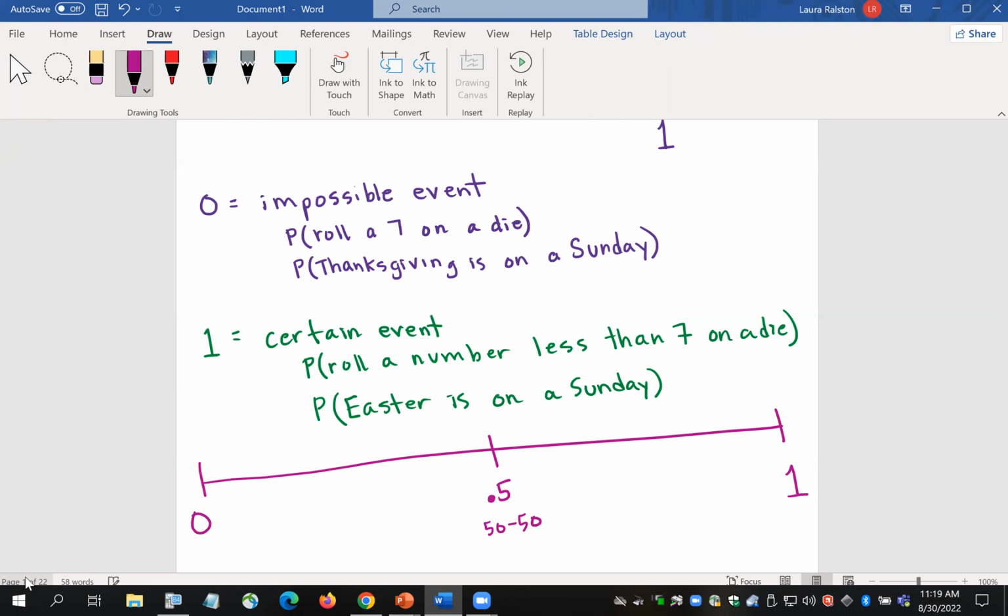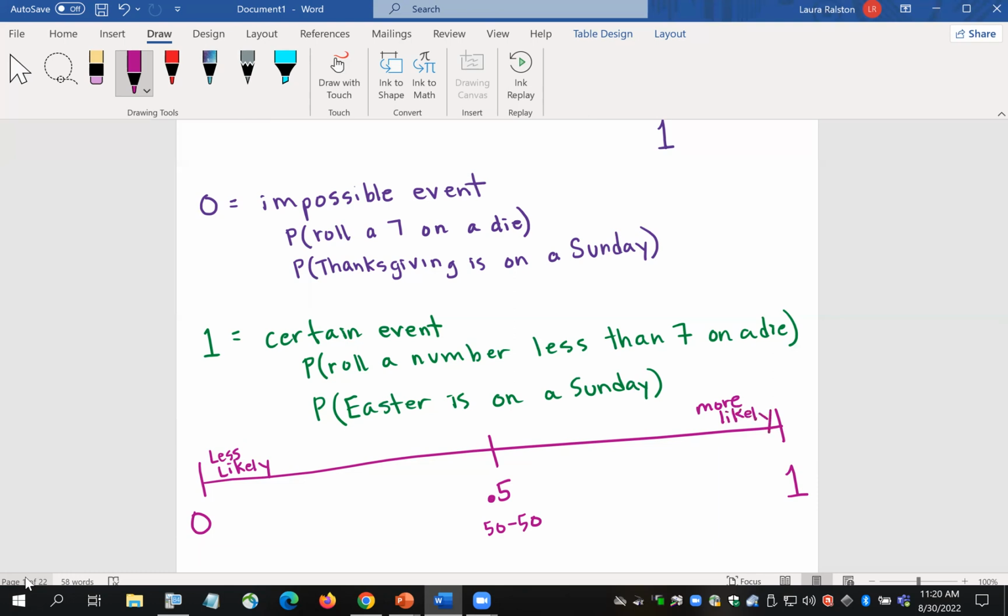And you can have any value in between. The closer you are to 0, the less likely an event is going to occur. The closer you are to 1, the more likely that event is going to occur.